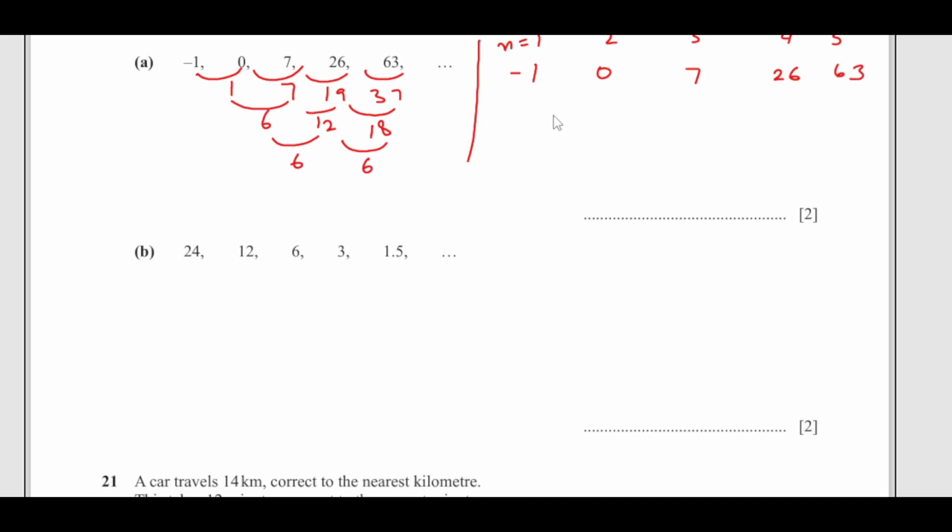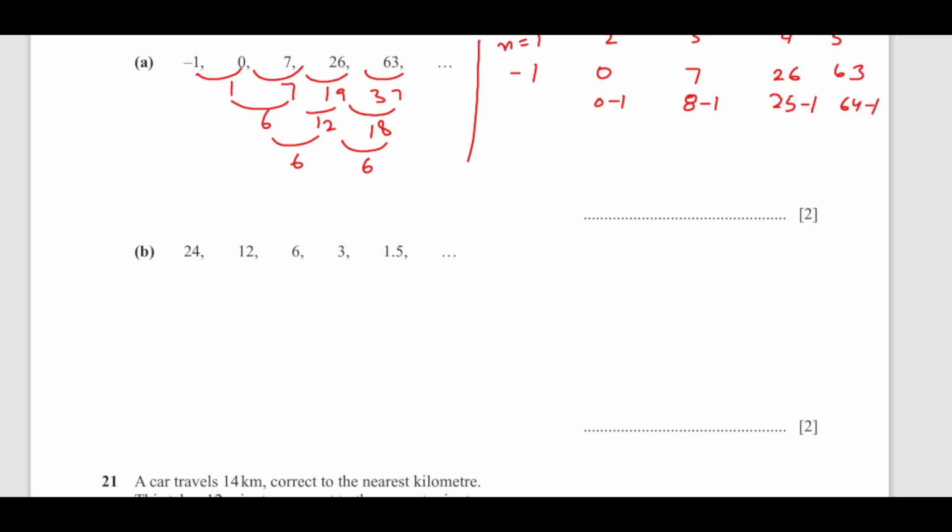If you look at all these numbers, if I subtract 1 from every number, starting from here, 0 minus 1, then 8 minus 1, 27 minus 1, 64 minus 1.